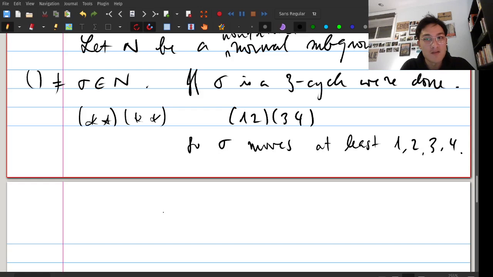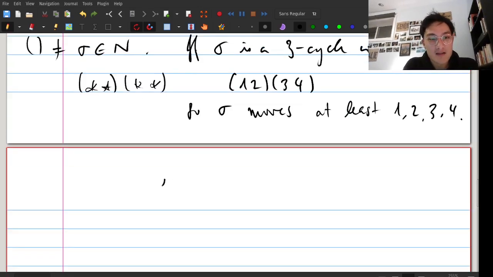And I think the 3-cycle moves at least 1, 2, 3, and 4. I really don't want to go look at the notes.